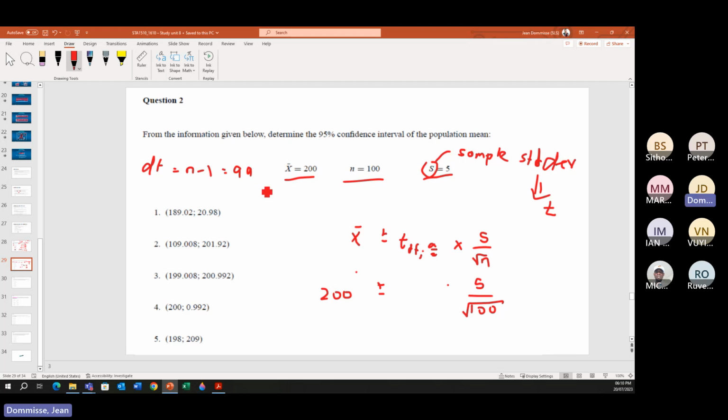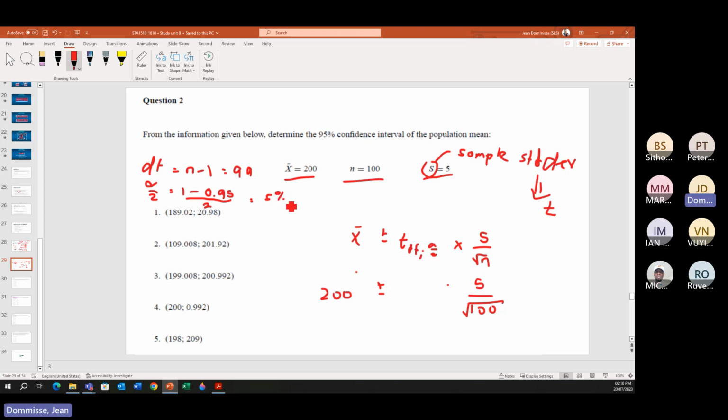And then what we will see as well is that we need to get alpha divided by 2. Alpha is the same as saying 1 minus the confidence level that they give us. So 1 minus 0.95 is 0.05, which is 5%.